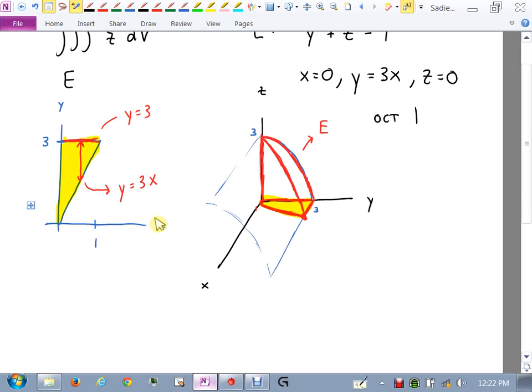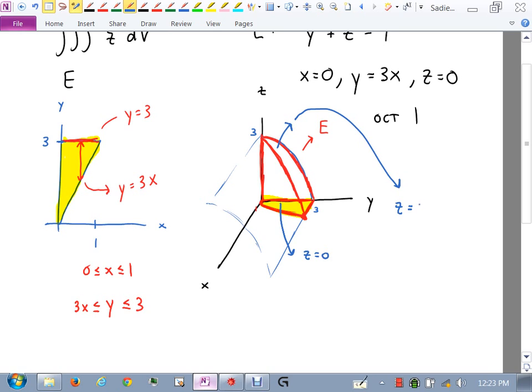So can you list out real quick what are our restrictions on x and y over here? 0 to 1, y, careful. 3x to 3, good. And then over here, we need to get our top and bottom. Our bottom cap is actually the ground, isn't it? So z equals 0 is the ground, and then the top, I need the equation of the cylinder solved for z.